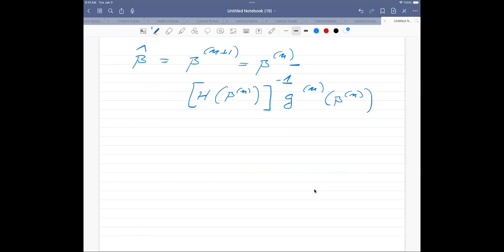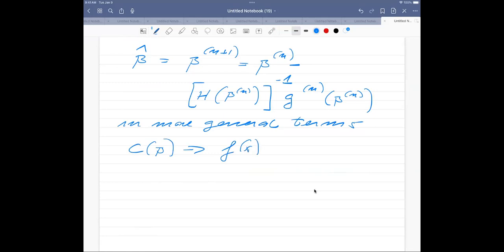Now, what you see here is more a special case. So in more general terms, this is actually our C of beta, which is now replaced by a function f of x, which we could write as something like this. So it would be a general function where I could set, let me just find my cheat sheet here.